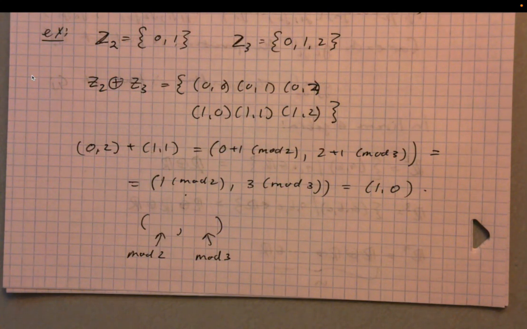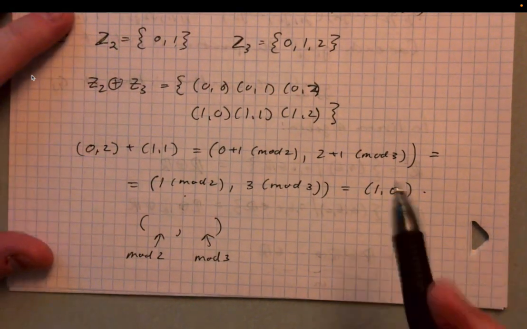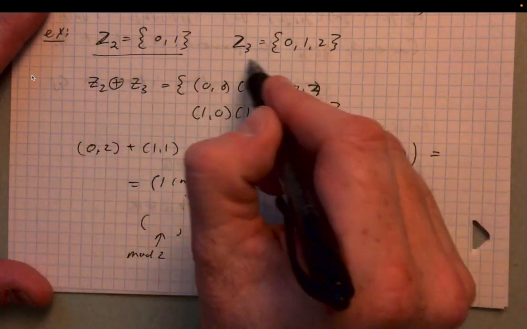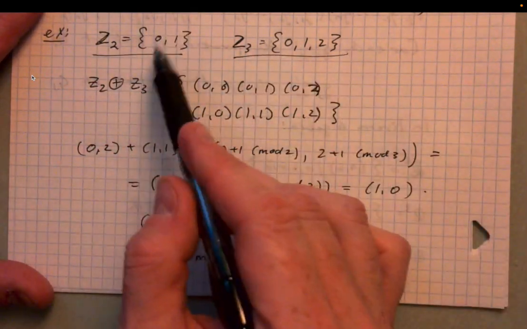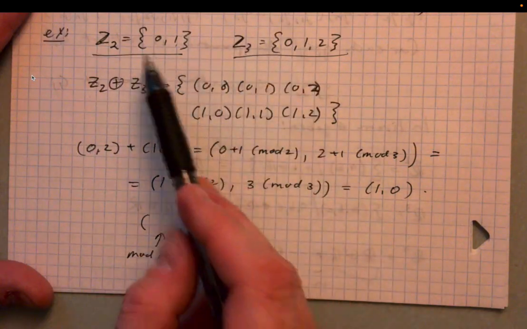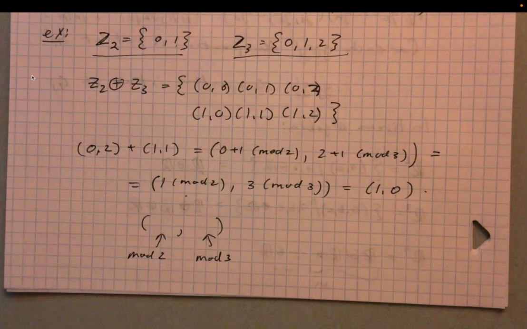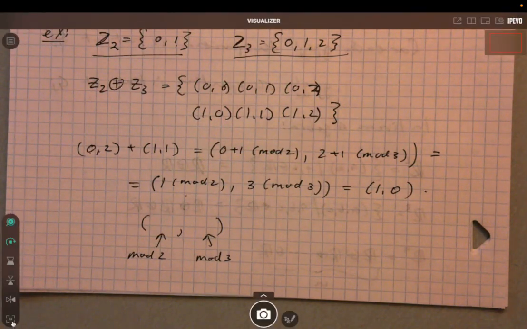Now, a couple of things to notice about external direct products, and some of this we'll get into in more detail later, but just things to point out. In the case of Z2 and separately Z3, these are both abelian groups, right? Meaning that the operation commutes for every element in the group. So 0 plus 1 is the same as 1 plus 0, and the same thing is true in Z3.